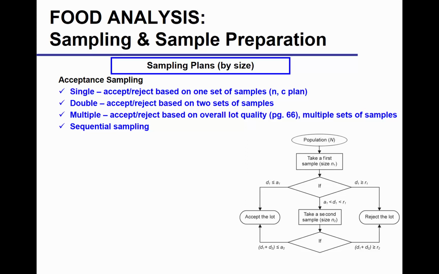So this is easy. Lower than a certain number or higher than a certain number, you reject. But if you get number of defects in between, then you go ahead and take another set of samples. And that's why it's called double. At this point, you're taking a second set of samples with a set number of samples, that means sample size, and then you take the measurement. And then D1 plus D2, if your defects 1 and defects 2 is less than another code that you have, you accept. If it's greater, then you reject.